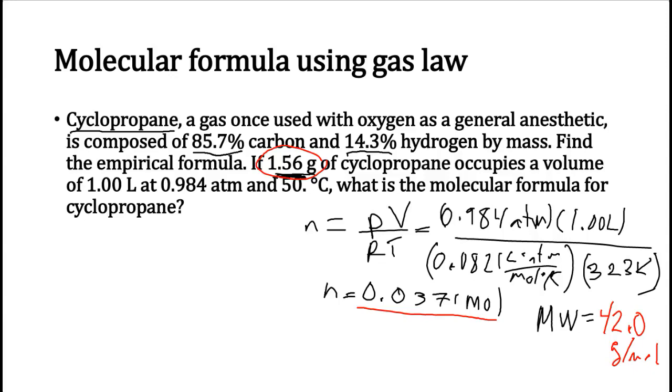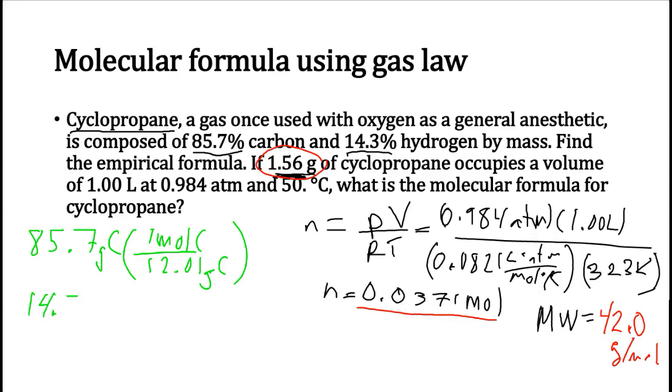Now what we need to do is figure out what the empirical formula is. So to do that, this is the percent to mass, mass to moles, divide by small, multiply to whole, that thing. So we have 85.7 grams of carbon. You're going to go through, convert that to moles. And then do the same thing with hydrogen.